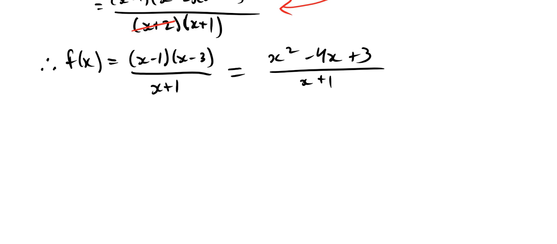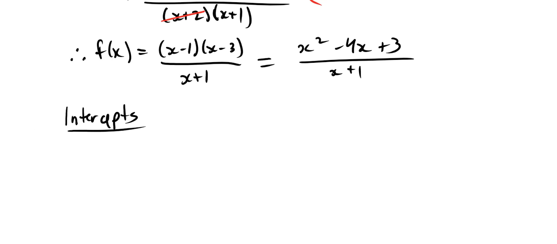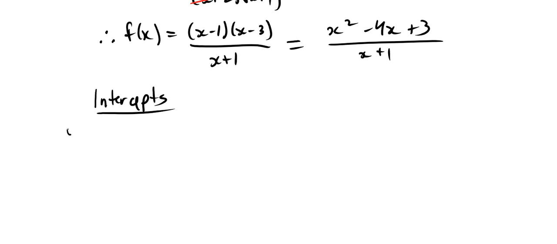Now we're going to get into finding the properties. So we usually started with the intercepts. We're going to keep doing that. So the y-intercept, I'm going to use the second version over there. So it's 0 squared minus 4 times 0 plus 3 over 0 plus 1.